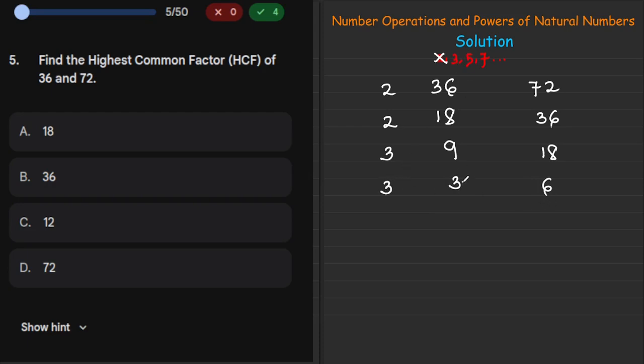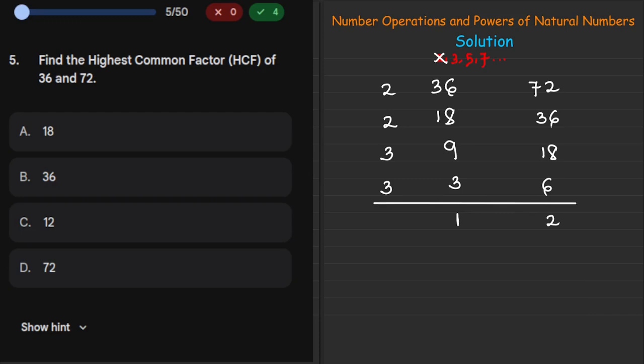So 3 divides 3 just once, and also divides 6 twice. At this point, there is no prime number that divides both 1 and 2. Hence, we are going to end our division right here.